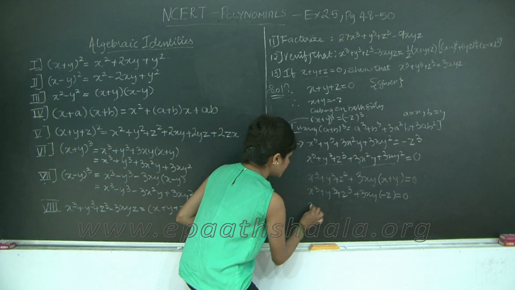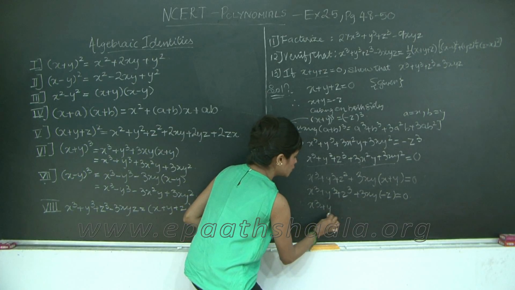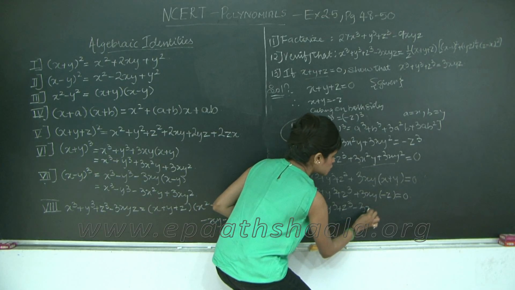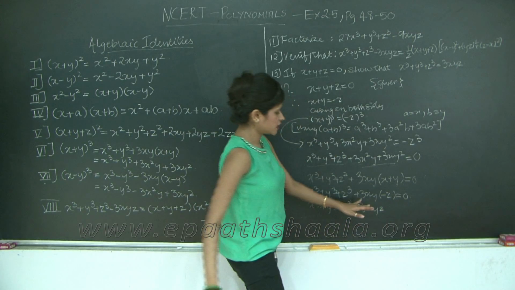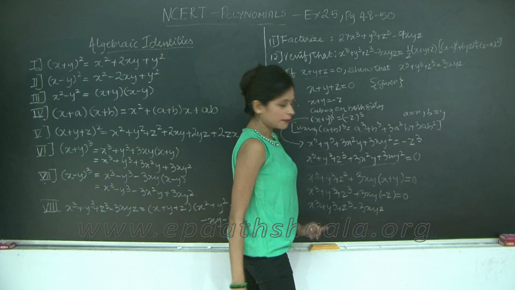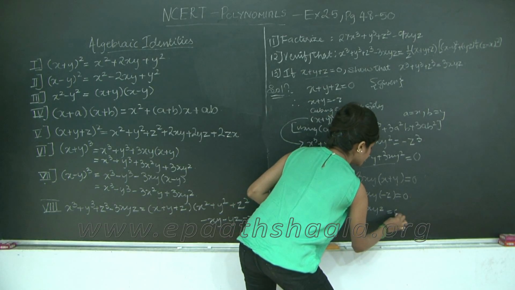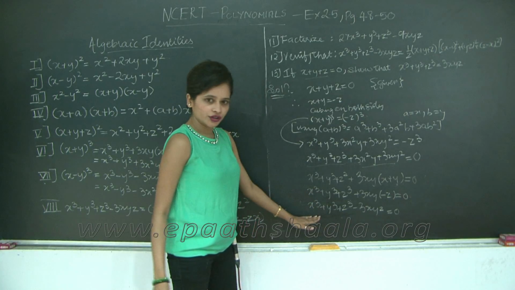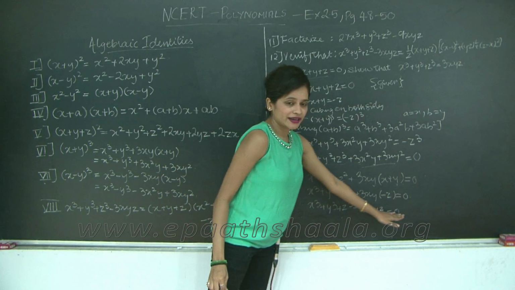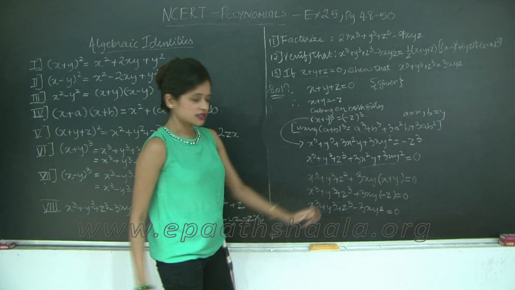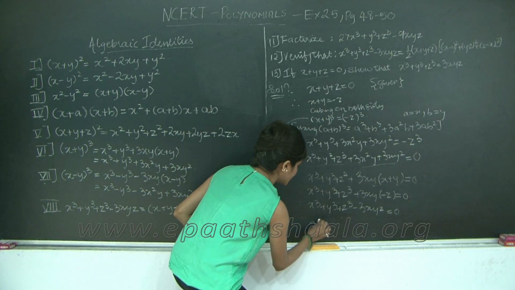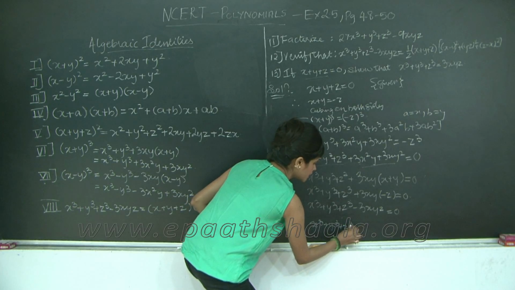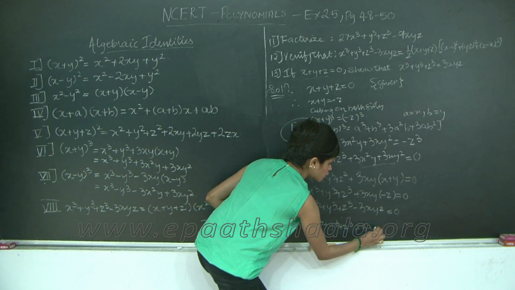So what do I get? x³ + y³ + z³ − 3xyz. How minus 3xyz? Plus into minus gives me a minus, is equal to 0, right? So I keep this term over here and take −3xyz onto the right hand side, so it becomes positive. So finally I get x³ + y³ + z³ is equal to 3xyz.